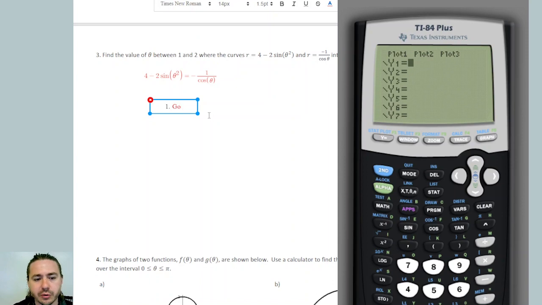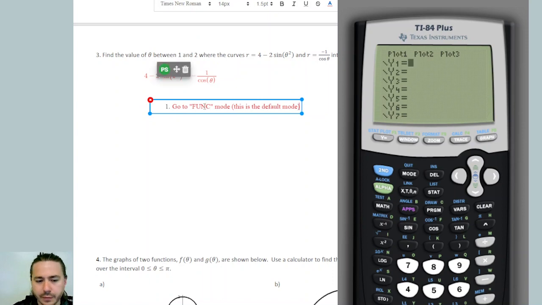So first, we want to go to function mode. This is the default mode. So if you don't change anything, it should already be in function mode. Okay, so the next thing you want to do is type both equations into y1 and y2.